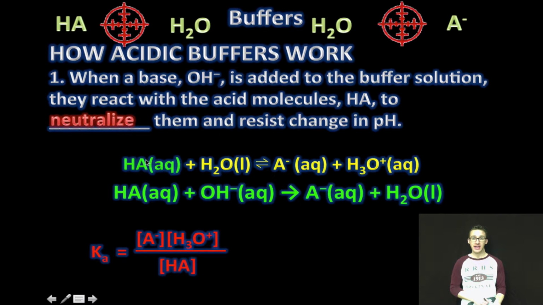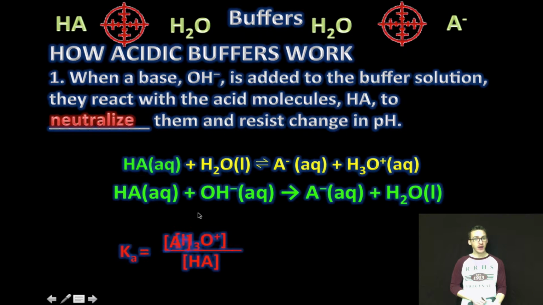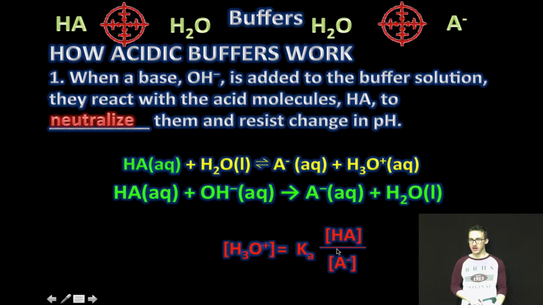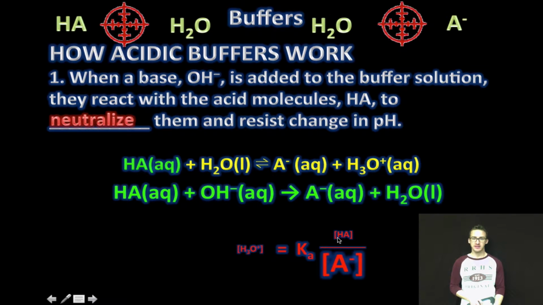So as you think about your Ka expression for this buffer solution, rearranged for solving for the hydronium ion, sure, when you add the strong base, when you add that hydroxide ion, you are going to use up some of the weak acid and you will form some additional conjugate base, which will reduce the hydronium ion concentration. But without that weak acid there to neutralize that hydroxide, it would affect the pH much more.